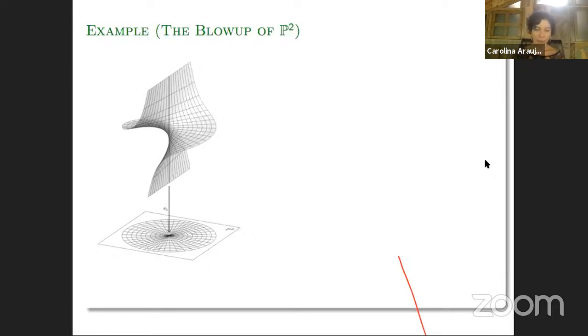I put a drawing of P2 with a point, and to blow up a point means that we are going to make a modification in our original plane, and we are going to substitute that point by a P1 consisting of all the tangent directions of the plane at that point. We see that we have all these lines that pass through the point in the plane. When we blow up, these lines get all separated.